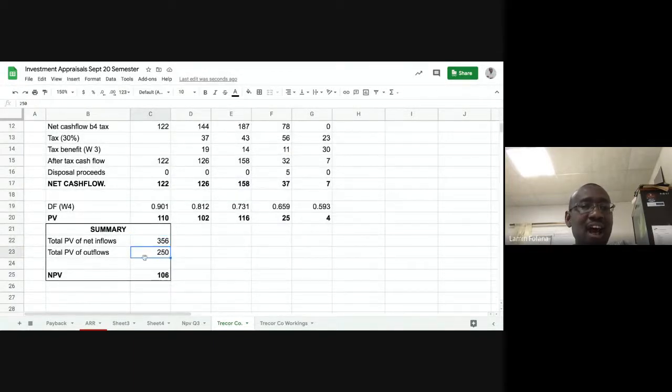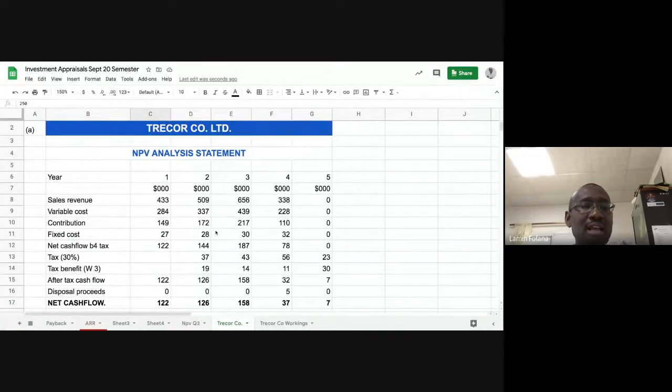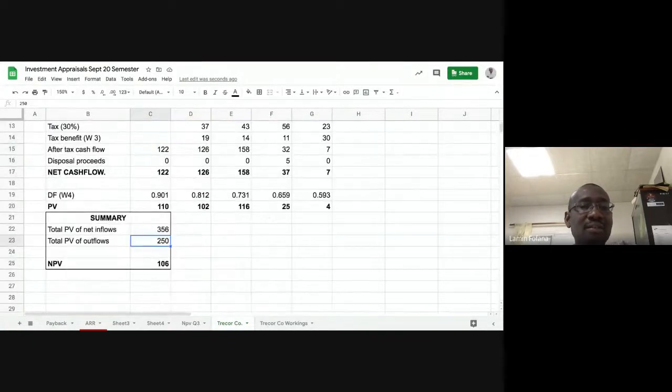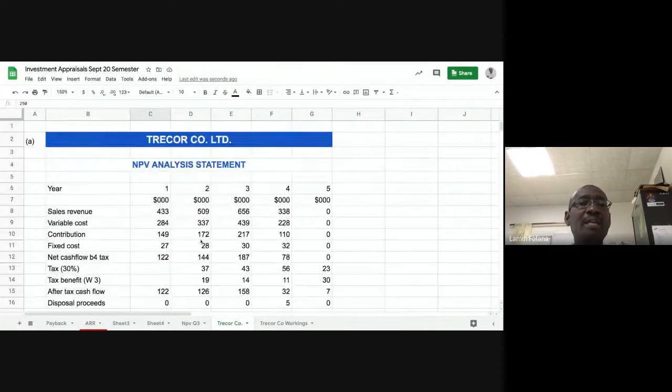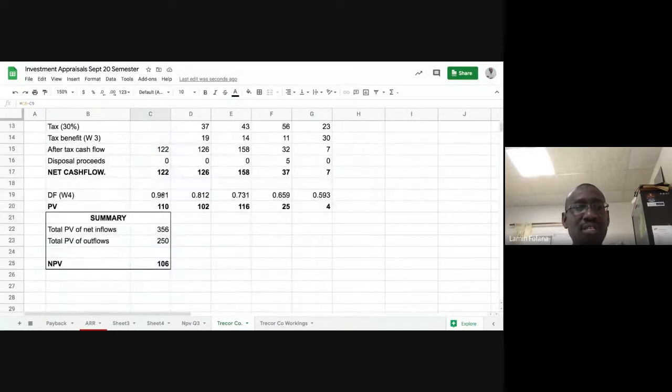And then the outflow is the one at the start of the period, the initial investment, 250,000. But alternatively, you can bring that 250,000 into the calculation here as well. In that case, you have to create a column called year zero, and it will not be discounted. Then it can be part of this.